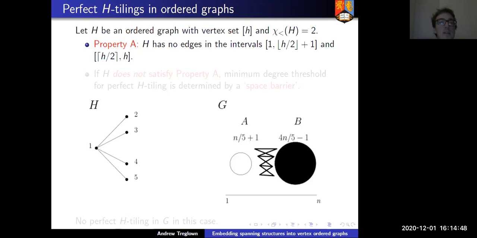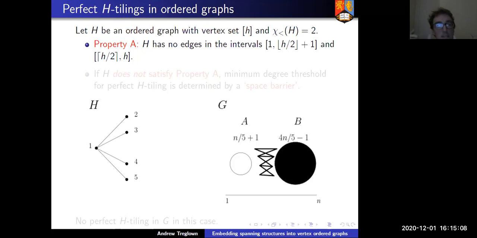The first class of H we're interested in is when they have something called property A. What's property A? H has property A if it has no edges in the first half of its vertices or in its second half.